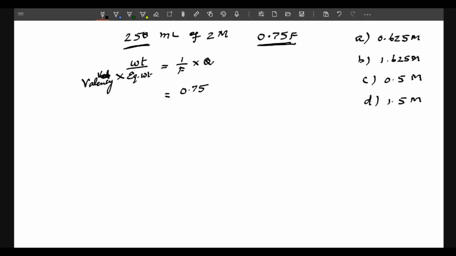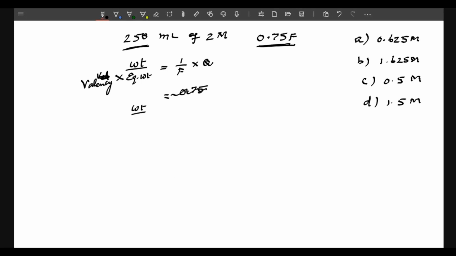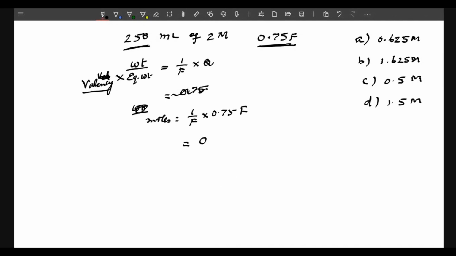Anything you can make use of. Valency of the ions undergoing reduction, or number of electrons involved in the process. You substitute, and you will directly get the moles. This is equal to 1 by F into 0.75. The F gets cancelled and you will get 0.75.